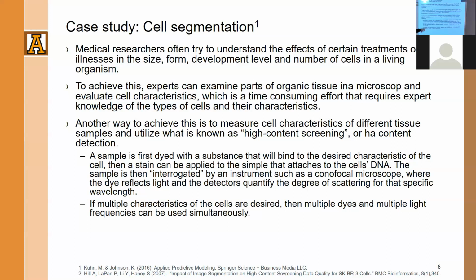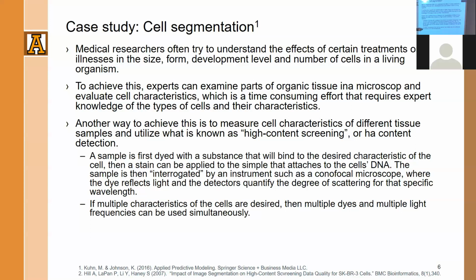So that microscope has different wavelengths, and they send a signal and read the response of that signal, and that response tells them the degree of scattering for that specific wavelength.